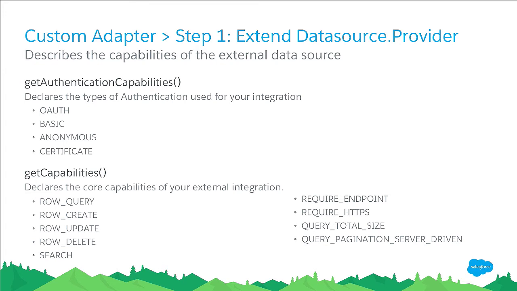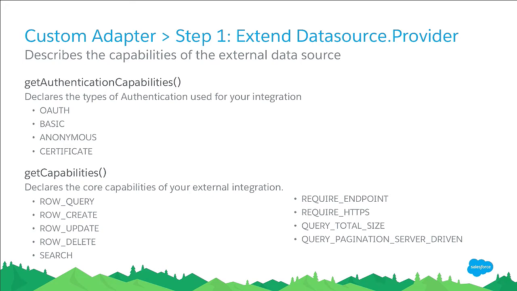And also, what are the capabilities of that data source? Can I do queries? Can I create records? Can I update records? Can I delete records? But it's also got quite powerful pagination capabilities, because pagination can be implemented in a million different ways, and so you want to handle that pagination in quite detailed form in your code.